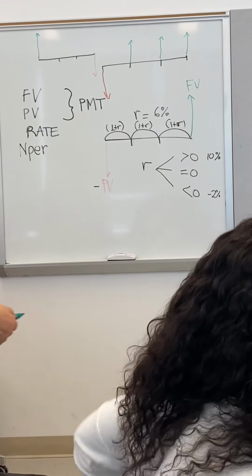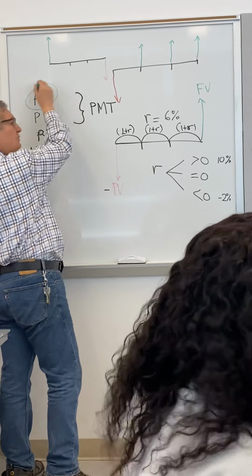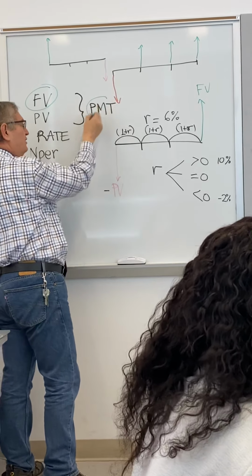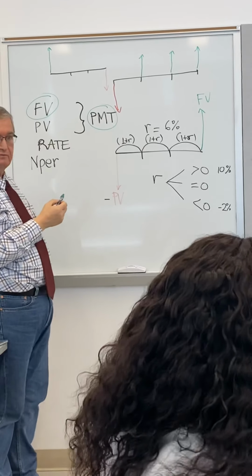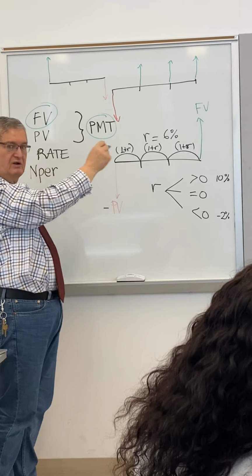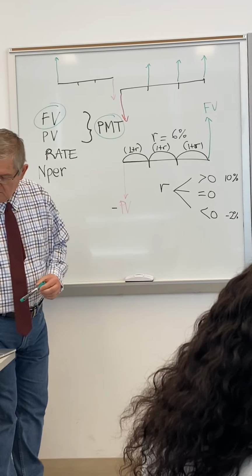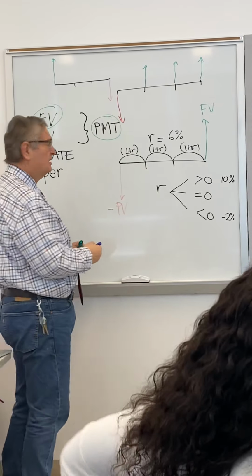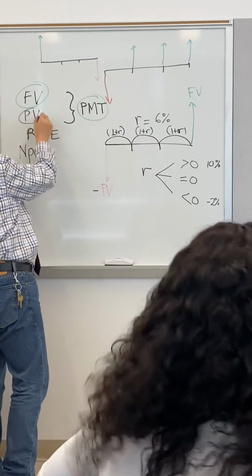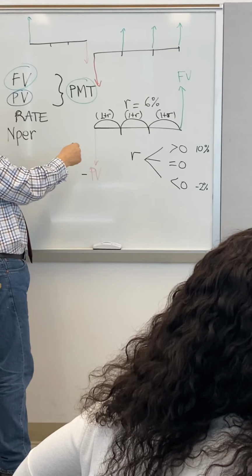What is payment? Payment is that instead of one future value, we have many future values. And these future values are equal values. Or, payment is if instead of making one deposit, you make many deposits.